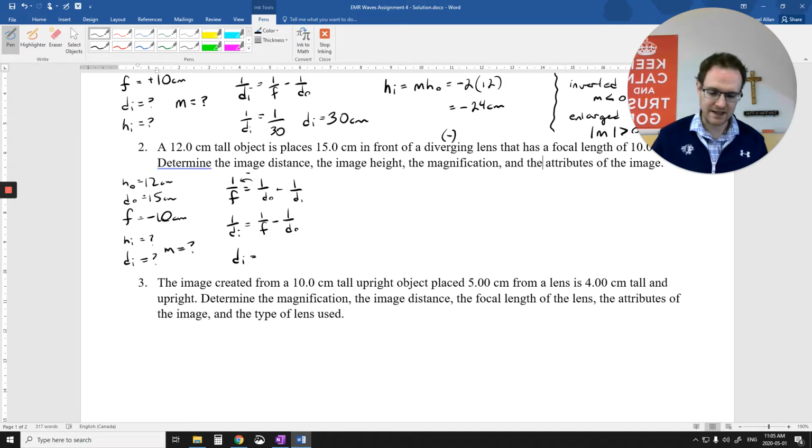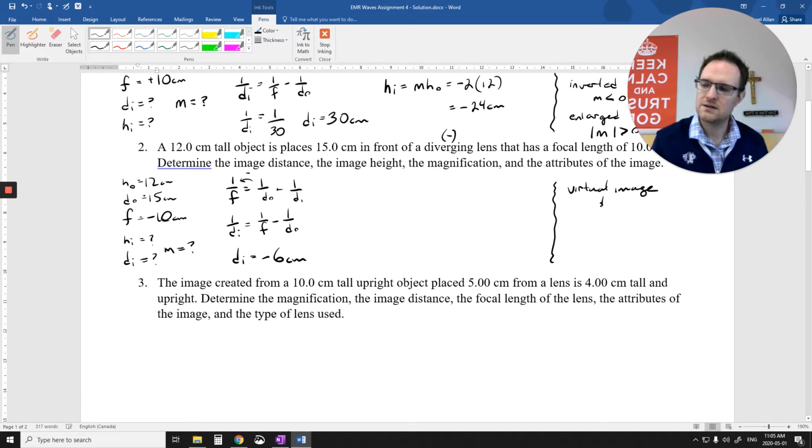Get a negative number this time. It ends up being negative 1 over 6. But then I take the reciprocal of that, ends up being negative 6 centimeters. Okay. Got a negative DI, so that means this is a virtual image, since the DI is less than 0.